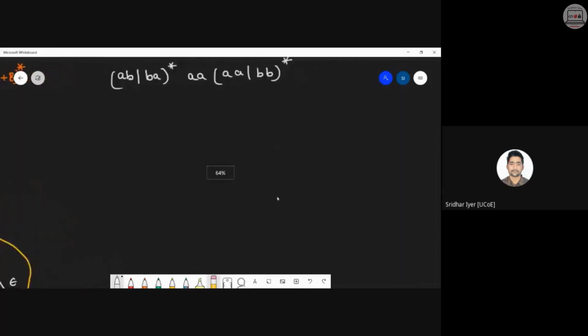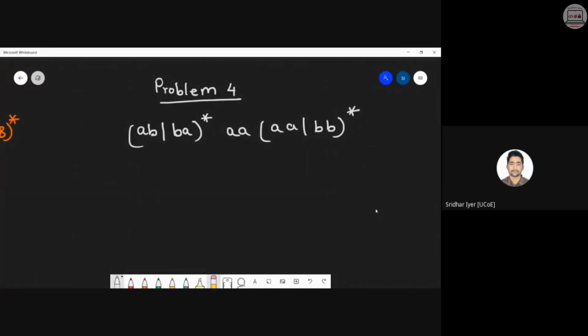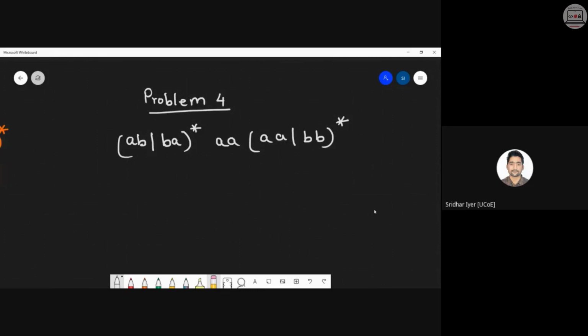Okay. So let's stick with this. Problem number 4. Try to understand the problem. There is an or in between. So I can say that this is your first part, this is my second, and this is my third. Okay, so accordingly, you have to split it. I will draw the diagram directly. You have to compare it with my diagram, and then we can move ahead.